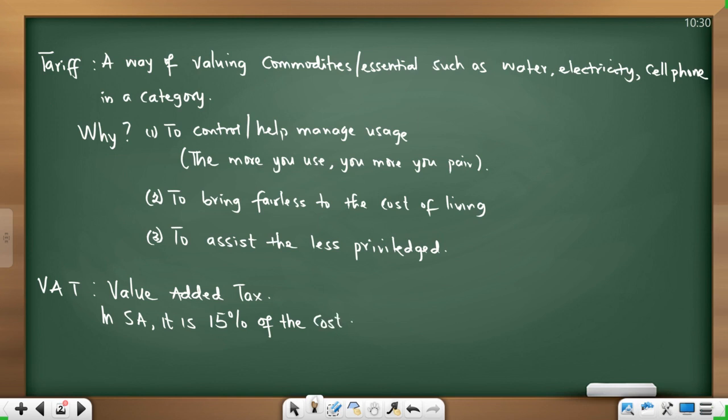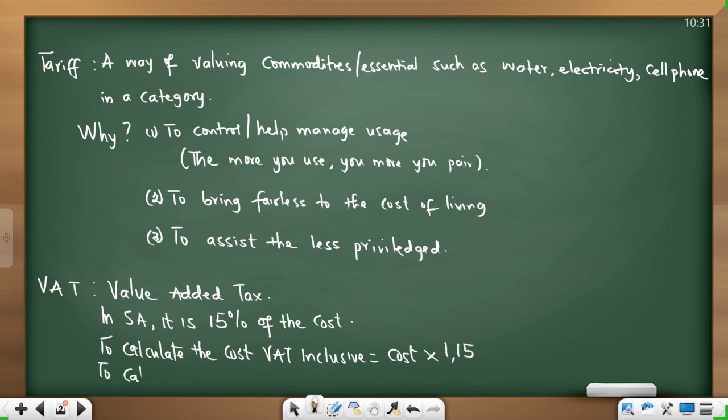So when we ask you to calculate the cost VAT inclusive, we will just say the cost multiplied by 1,15. Please take note. And to calculate the tax alone, value added tax alone, then we'll say 15%. I need to do an example of that for you quickly.